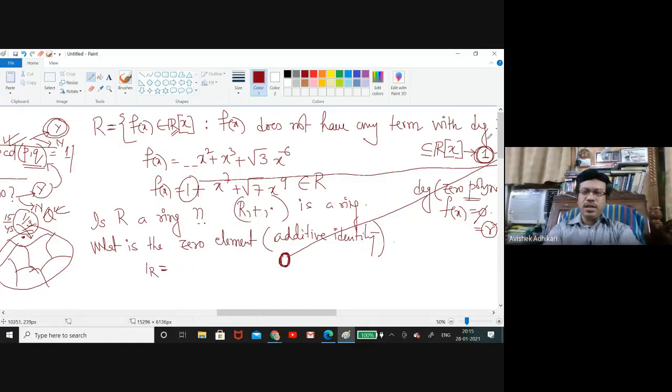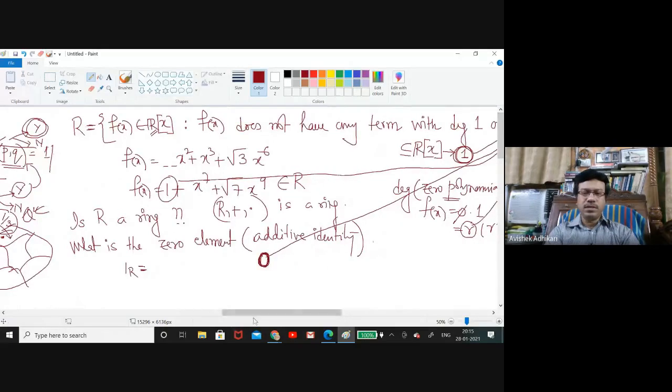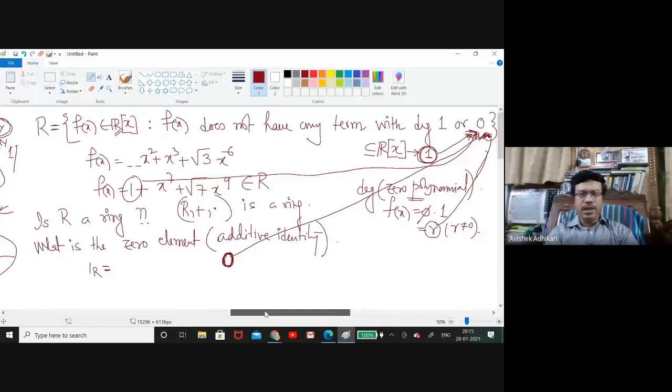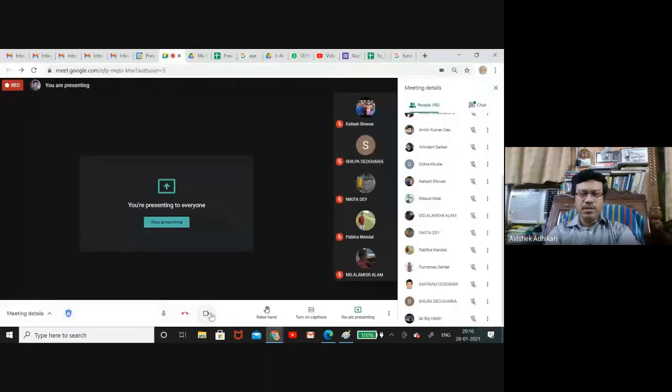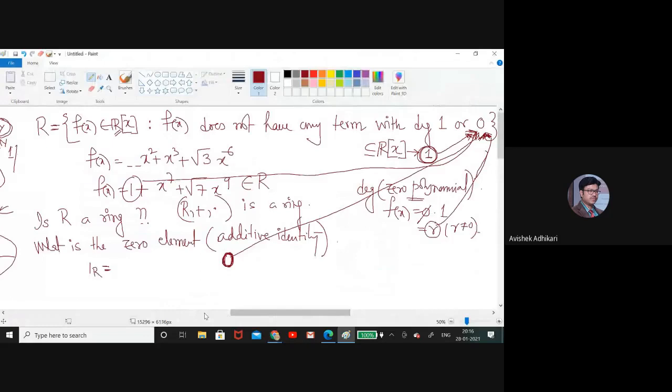Okay. Now, suppose I am considering an ideal of it, maybe. Can you tell me any ideal of this ring?